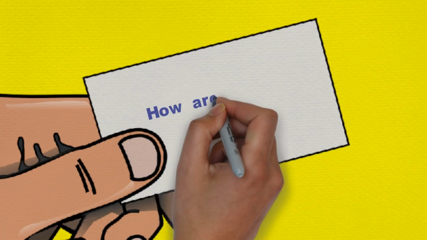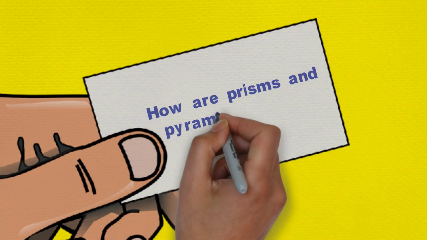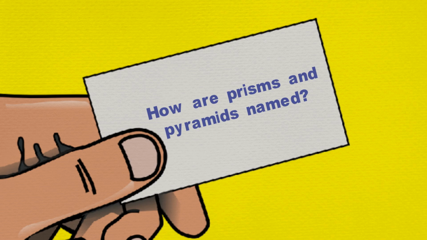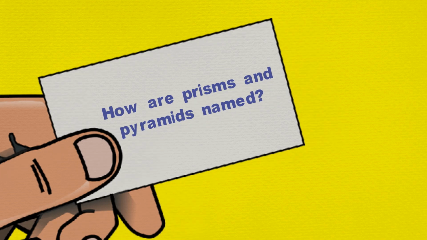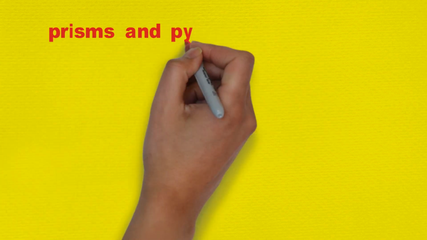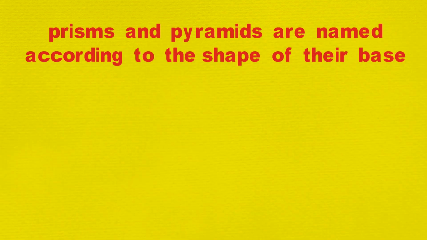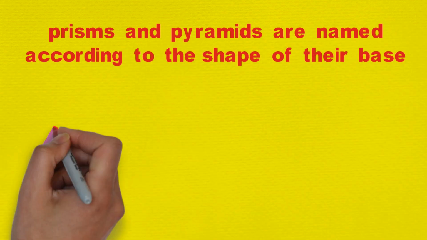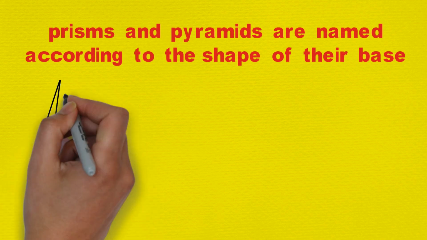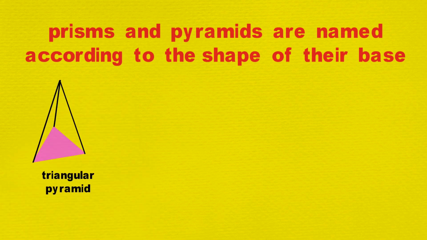Question: how are prisms and pyramids named? Answer: prisms and pyramids are named according to the shape of their base. For example, the base of a triangular pyramid is a triangle.